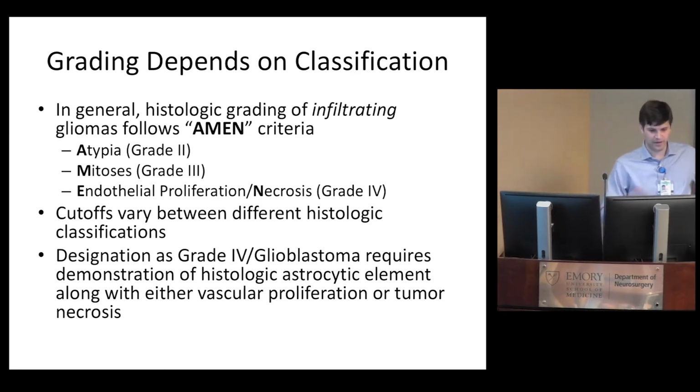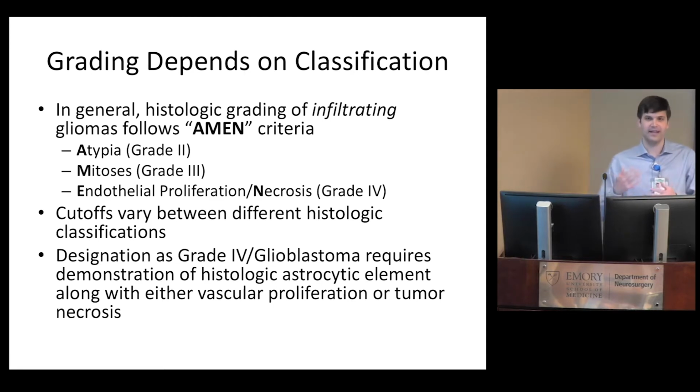And then oligos have a slightly different cutoff for these different levels, and oligos don't have a grade 4 variant of an oligo. In the instance where we used to think of these things as having mixed classification, oligoastrocytoma, there was a category called glioblastoma with oligodendroglial component.